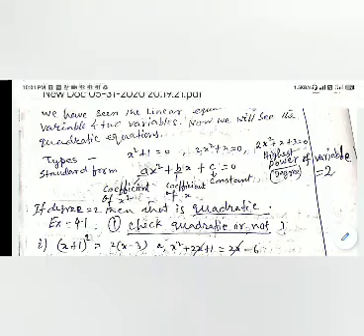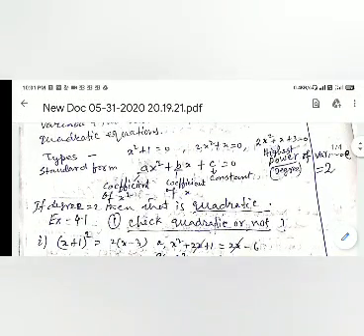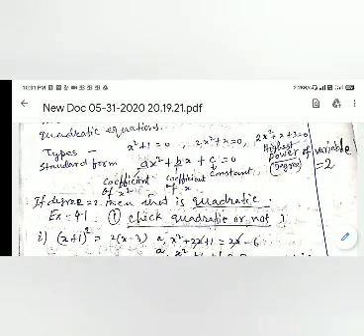In short, we can write the quadratic equation in standard form: ax square plus bx plus c equal to 0. This form में लिखना है. You have to write in this form, ax square plus bx plus c, where a is the coefficient of x square, b is the coefficient of x and c is the constant.